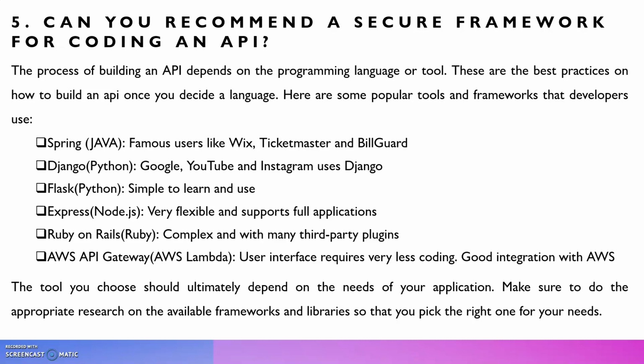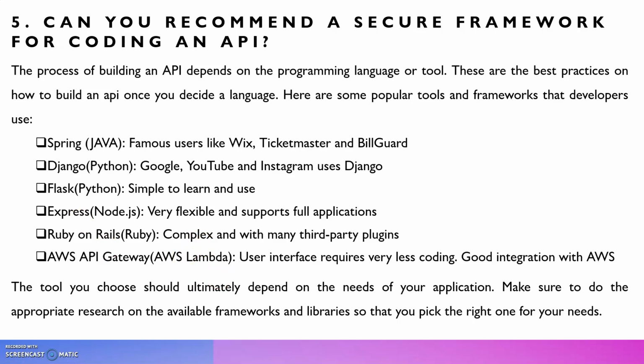Fifth question is, can you recommend a secure framework for coding an API? Yes, but it ultimately depends on which programming language the client is using. There are some famous tools available in the market like Spring, which is based on Java, Django and Flask, which are based on Python, Express, which is based on Node.js, Ruby on Rails, which depends on Ruby, and the famous one from Amazon, AWS API Gateway, which runs on AWS Lambda.